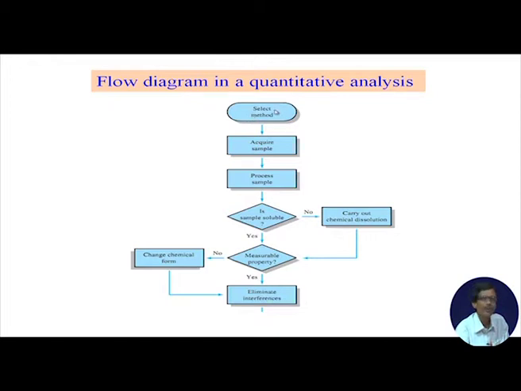So, some rough idea we can have to select the method, then we acquire the sample. These are the very typical steps where an analytical chemist can interfere. So, acquire the sample. If we have the sample, that sample has to be processed.